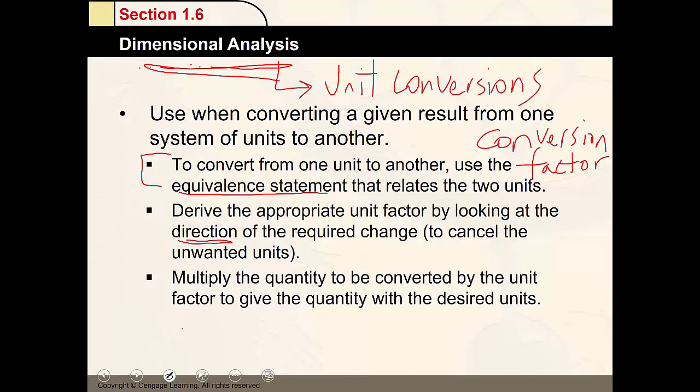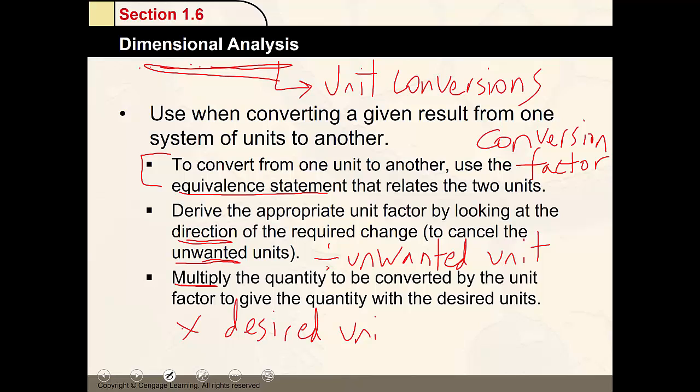So always, you want to cancel out or get rid of your unwanted units, or the undesired unit, and convert to your desired unit. And when you do that, that means you're dividing by your unwanted unit to cancel it out. And then, to get the desired unit, you multiply by your desired unit.